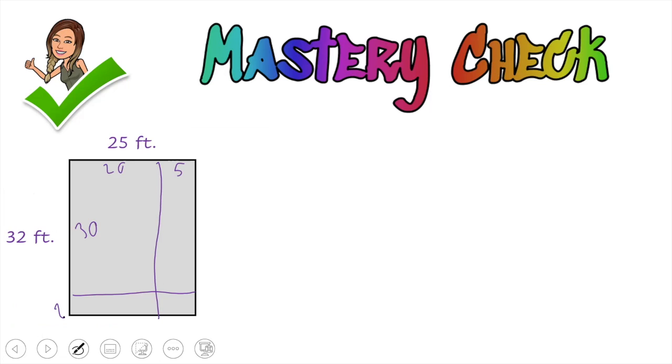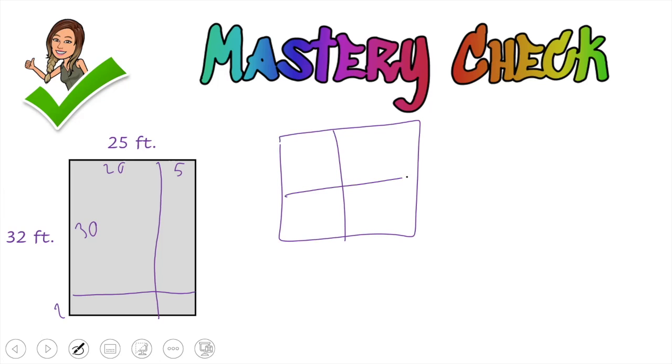So let's replicate that drawing that we just did into our area model box. So we're going to draw a box here, and 25 can be broken up into 20 and 5, and the other side can be broken up into 30 and 2. There you go. It's not proportionally same as the other rectangle, but it is very much like it.